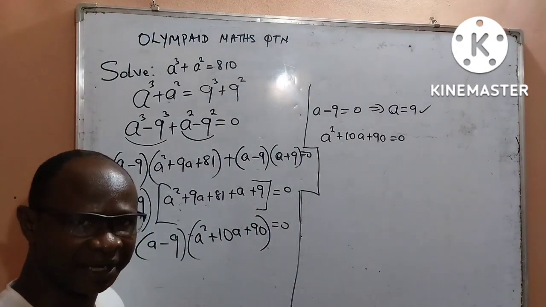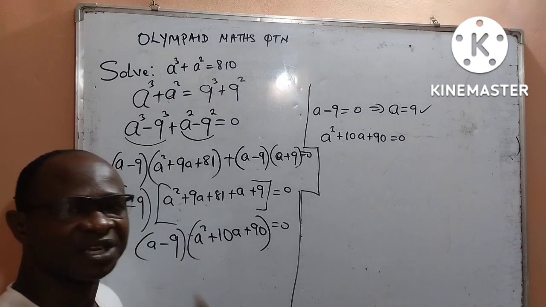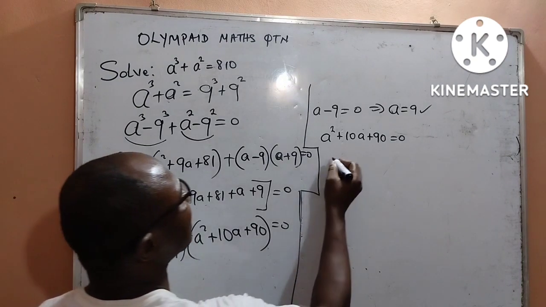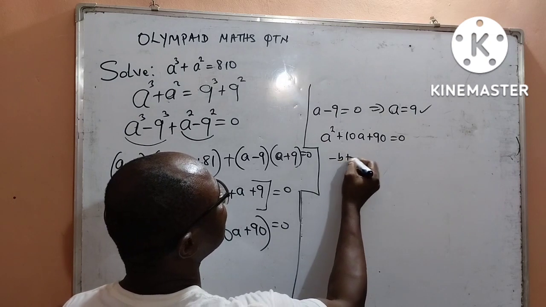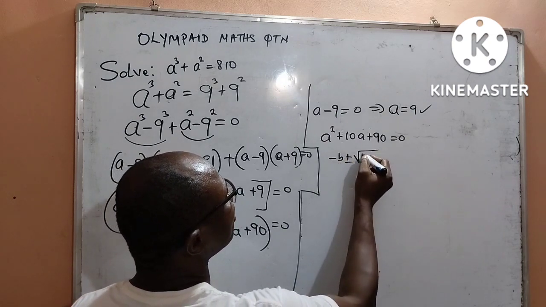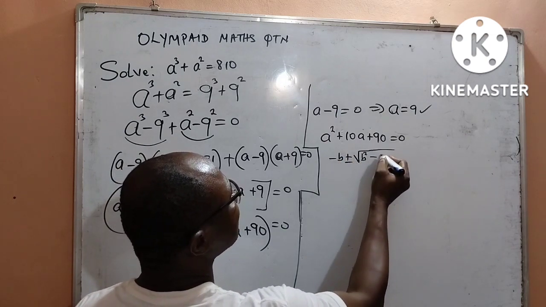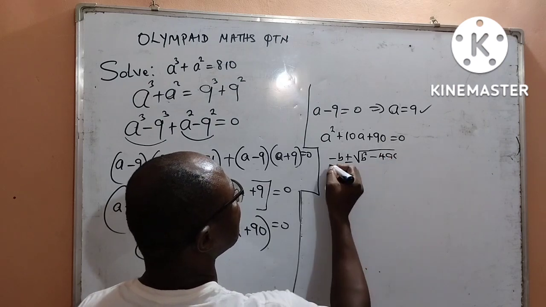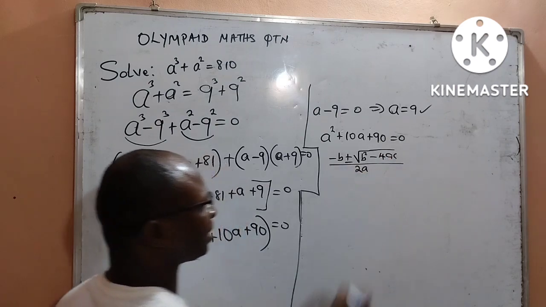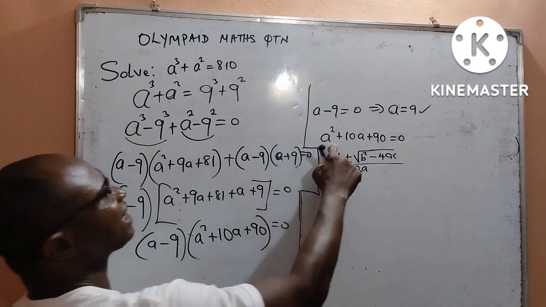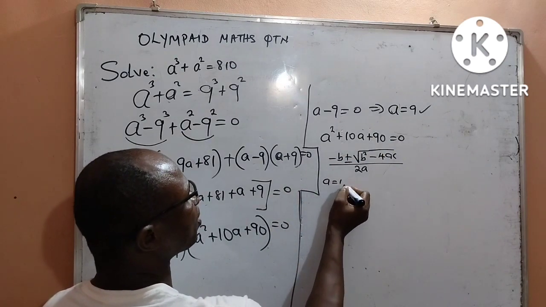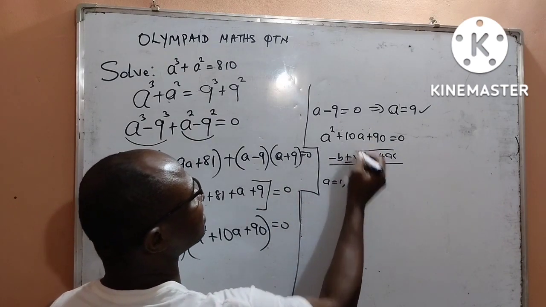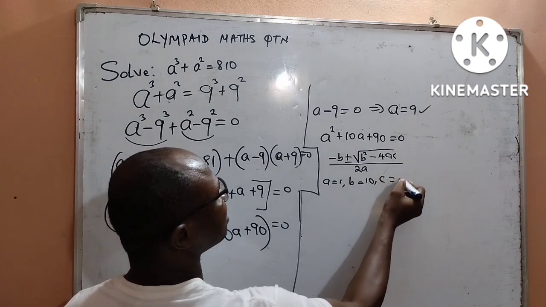Let me apply the quadratic formula, meaning that I can have minus b plus or minus the square root of b squared minus 4ac, everything divided by 2a. In this expression, my a is 1, my b is 10, my c is 90.